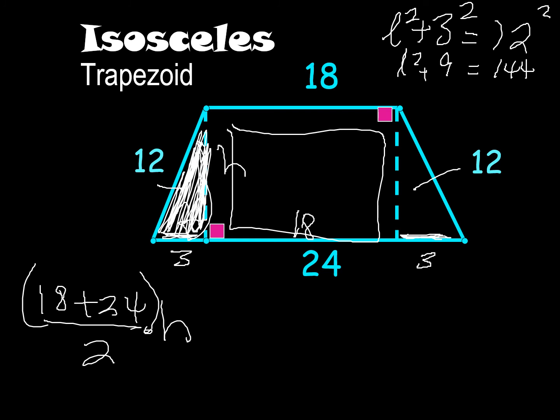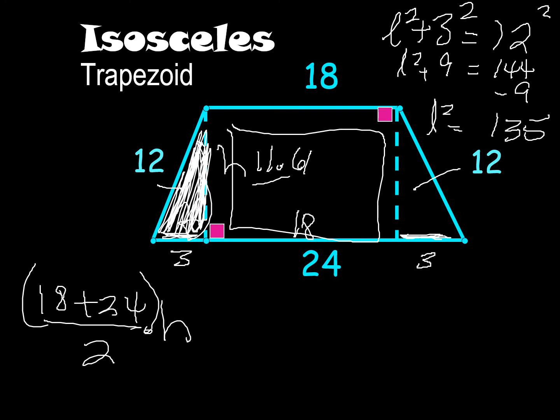Leg squared, you're going to subtract 9, you're going to get 135. And your square root of 135. You type it in. 11.61, so that is your height. 11.61. You still got to plug it in.